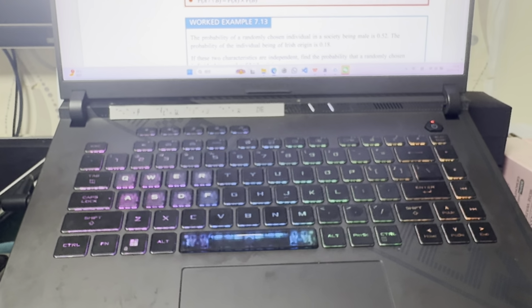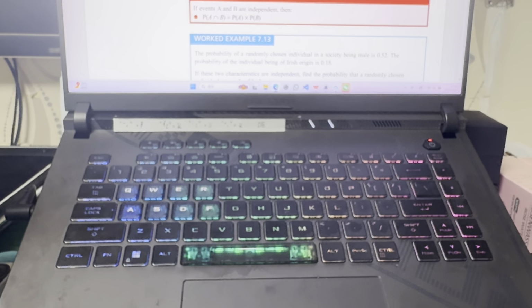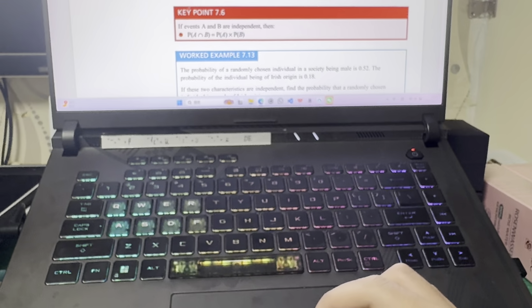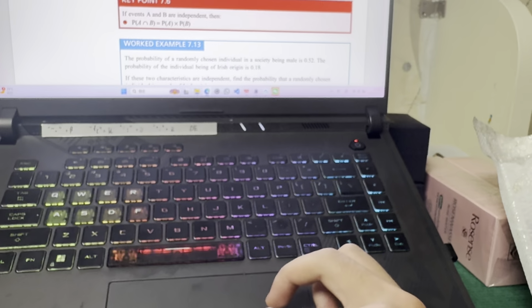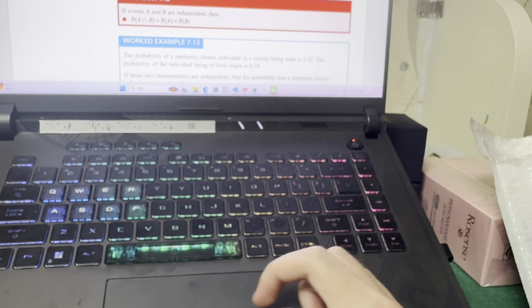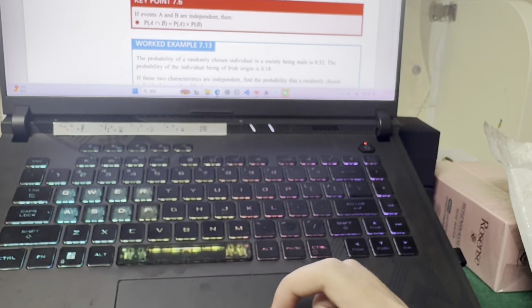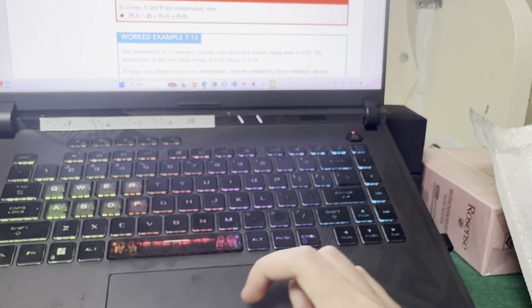Substituting this into the above formula and rearranging gives the following convenient relationship for independent events. So if we know that these two events are independent, then we have this formula, and the definition of independent events is this.